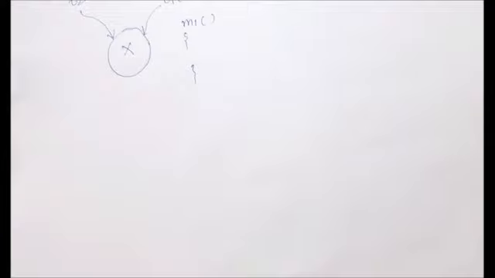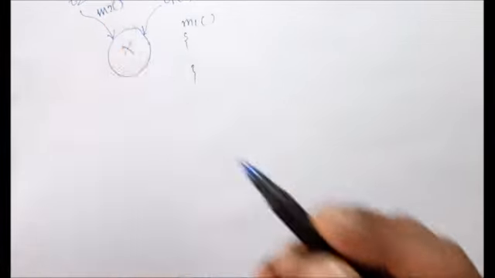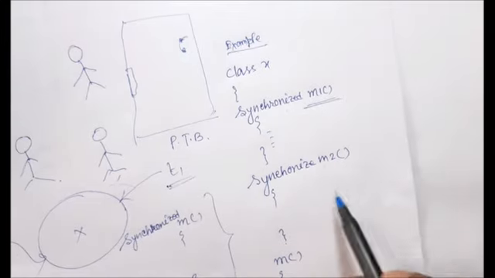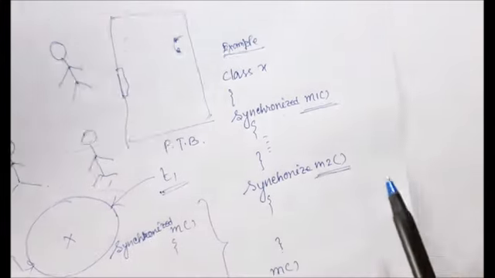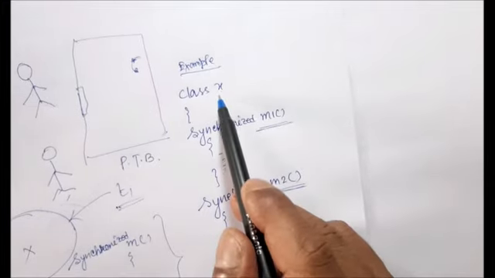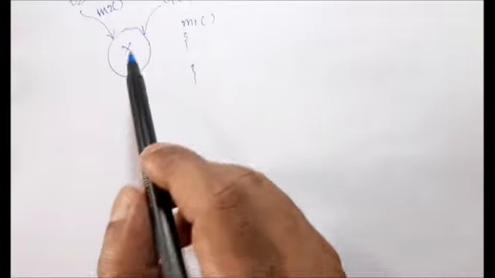What will happen? Will it be accessed or not? No, it will not be accessed, because the M2 method is synchronized. It cannot access the M2 method because both methods are synchronized, and both belong to the same class, so only one object. Here X is an object.